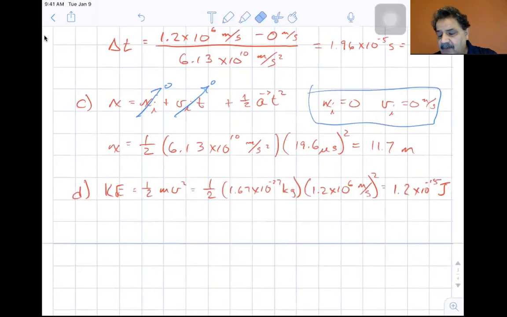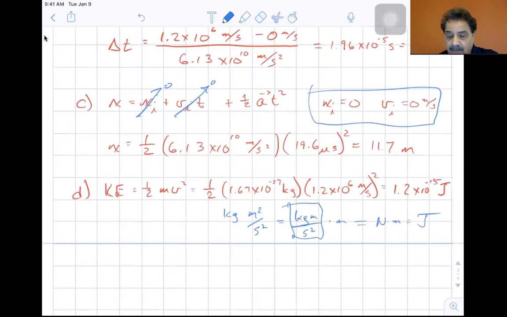And if you multiply that out, we get 1.2 times 10 to the minus 15 joules. We have kilogram times meters squared per second squared, and we break that up: kilogram meters per second squared times meters. This part of it is newtons, so we end up with newton meters, which is, as you know, joules.